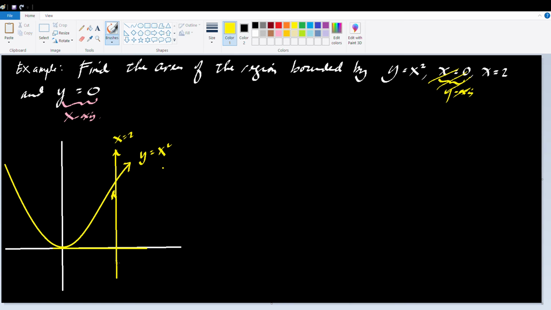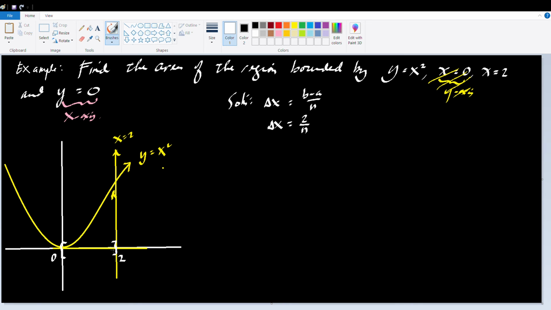So what is our interval here? The interval is from 0 to 2. Alright? So our delta x is equal to b minus a all over n, or 2 minus 0 all over n, or just 2 over n.